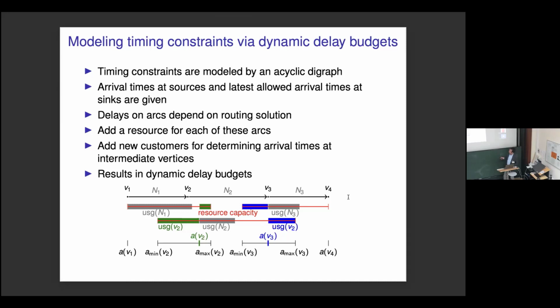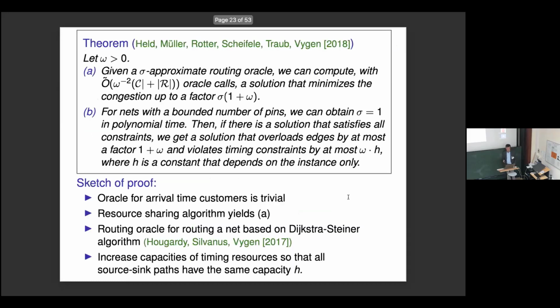And for the next edge, I would consume this amount because I'm here actually much later than the earliest possible time. So this is already used. And these would now be additional customers. Now, not only the nets are customers, but these are also customers, and it fits perfectly into this resource sharing framework.